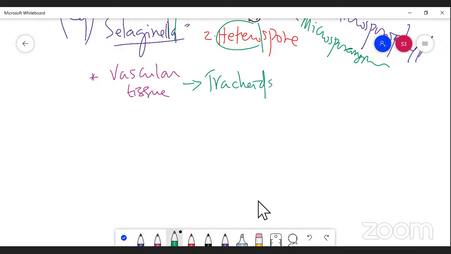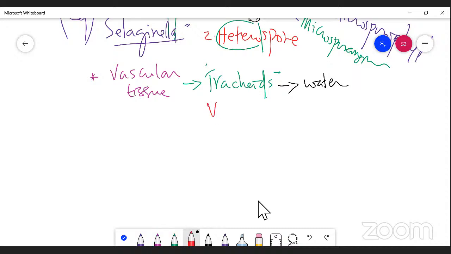Water conduction takes place by the presence of tracheids, but very rarely vessels are also present.